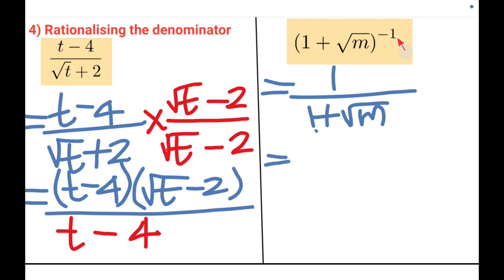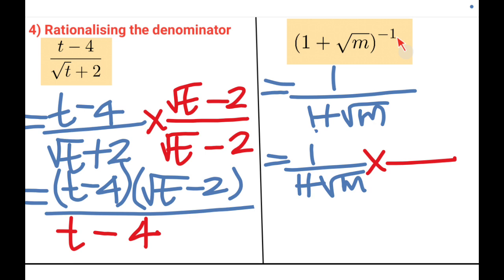So you go equals to 1 over 1 plus root m, and you multiply that with a difference of 2 squares equivalent situation. So that's 1 minus root m, because the bottom here will give you a difference of 2 squares scenario.